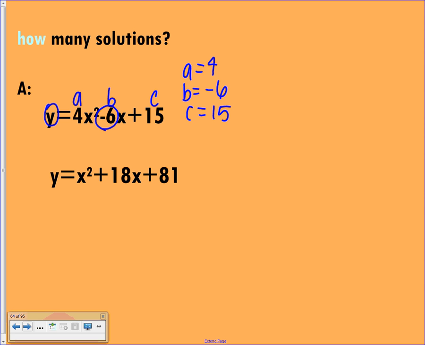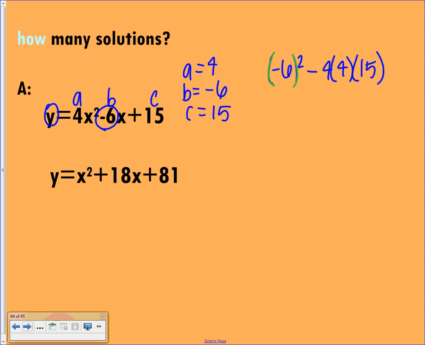If I want to know how many solutions, I'm just looking for the discriminant, which we said was b squared. So -6 squared minus 4 times a, which is 4, times c, which is 15. The most important thing I can tell you right now is to remember that if you have a negative and you are squaring it, you have to put that in parentheses, because -6 squared should give me 36.